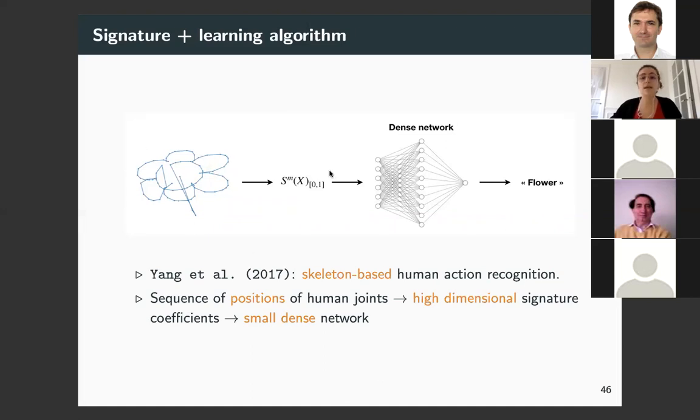The idea is that they were able to use a really small network by working on this vector of signature. They worked a lot on having good signature coefficients, and then they were able to have a really simple network, whereas usually people use huge networks and don't do much work on the input data. So this is one idea, but there are many other methods that use signatures.